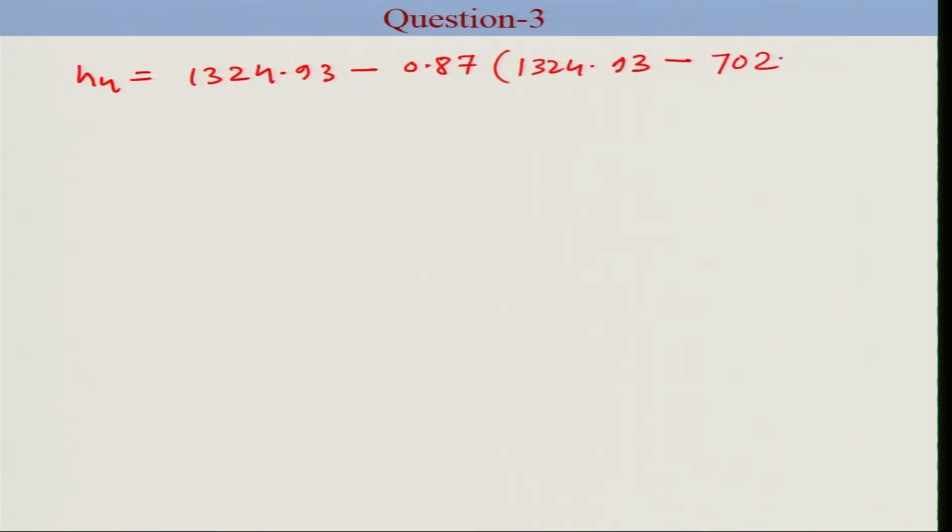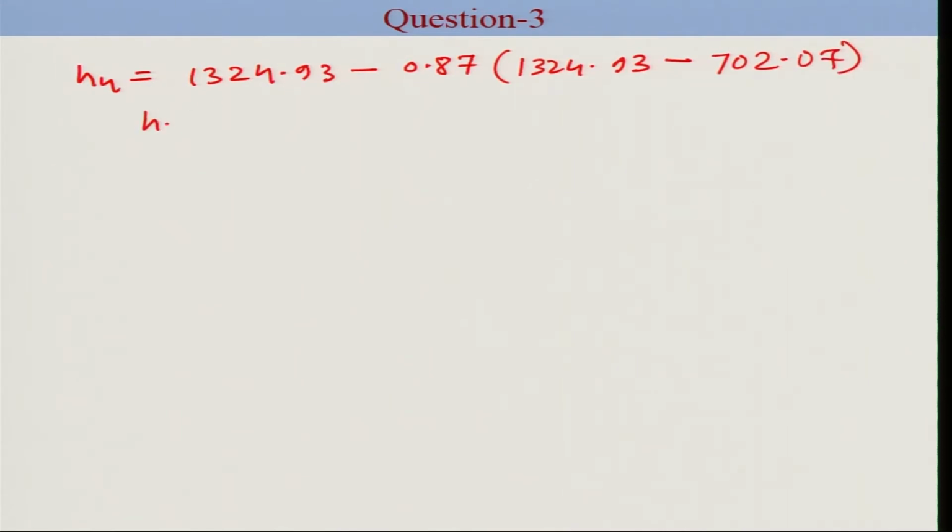So, after plugging the values of these variables, we get H4 equal to 1324.93 minus 0.87, efficiency is given in the question, times 1324.93 minus 702.07. Okay.